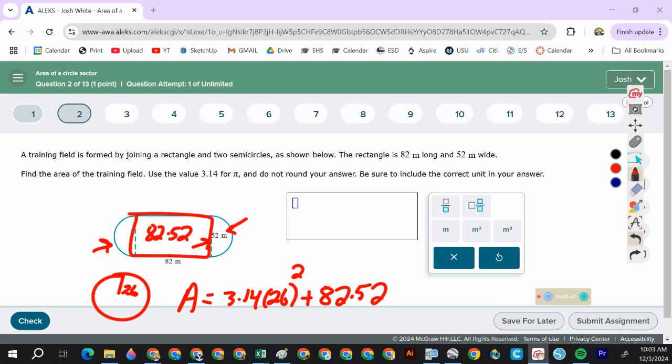Okay. Now, what if this didn't exist? How would I have to change my calculation? Any ideas?